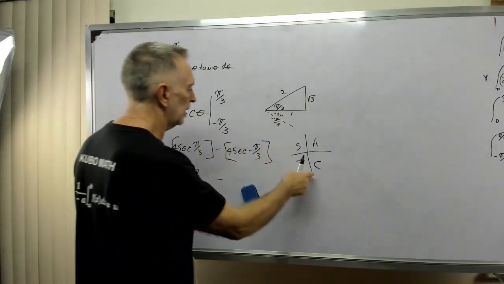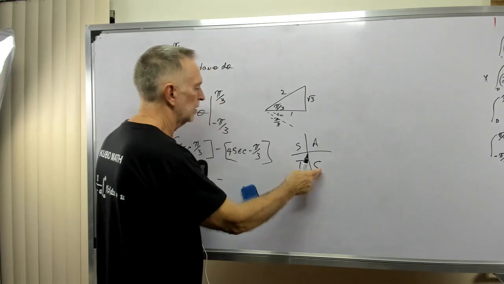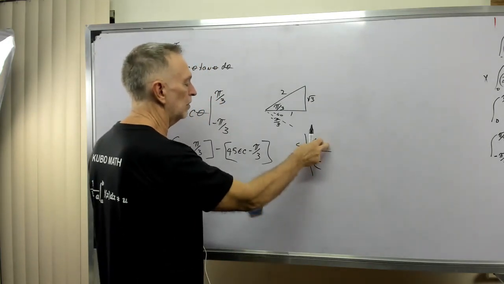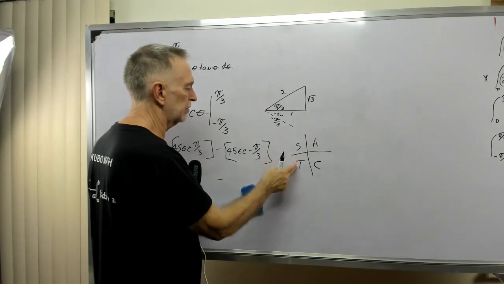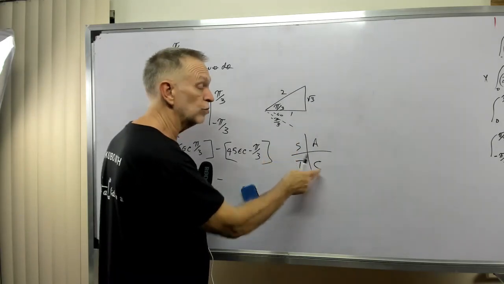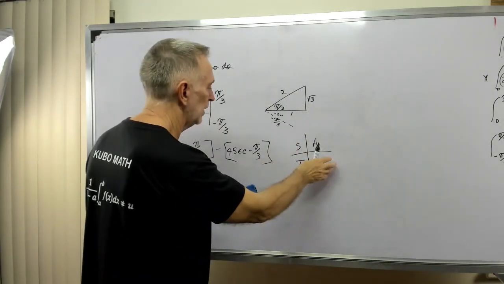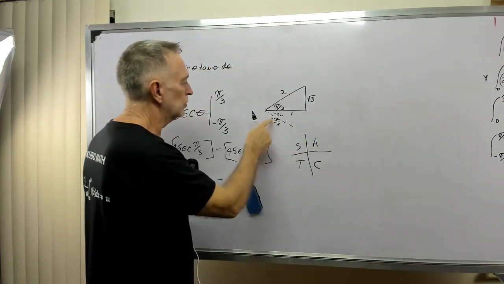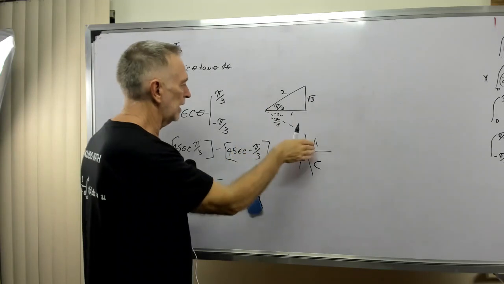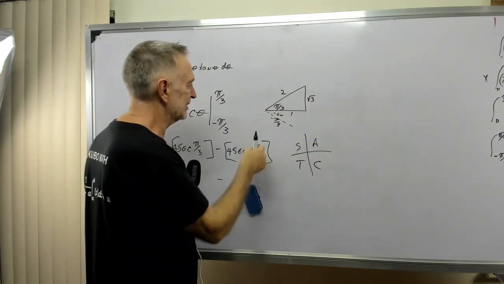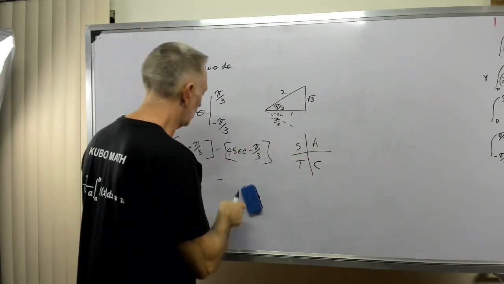All students take calculus is saying that all the functions are positive here. Sine functions are positive here. Tangent are positive here. Cosine functions are positive in the 4th quadrant. So this minus pi over 3, or negative 60 degrees, is still 2 over 1.